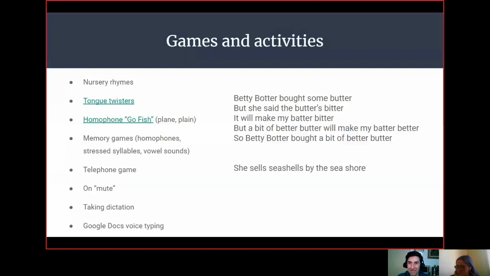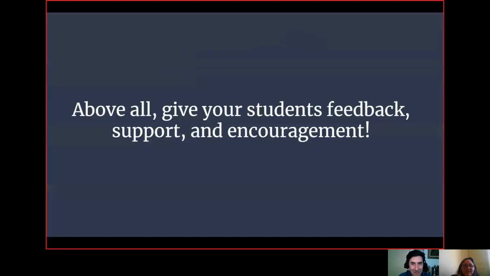So these are just some options that you can play around with. But above all, I think that it's just really important to give your students feedback and support and encouragement because pronunciation is very difficult and a lot of students feel very uncomfortable with their pronunciation or their accent.